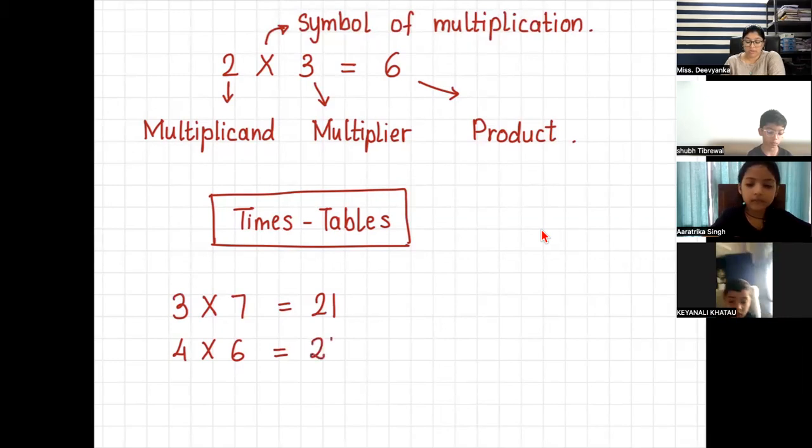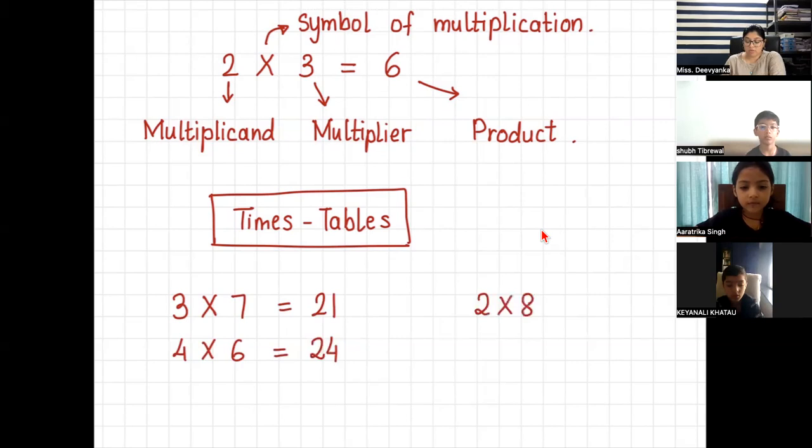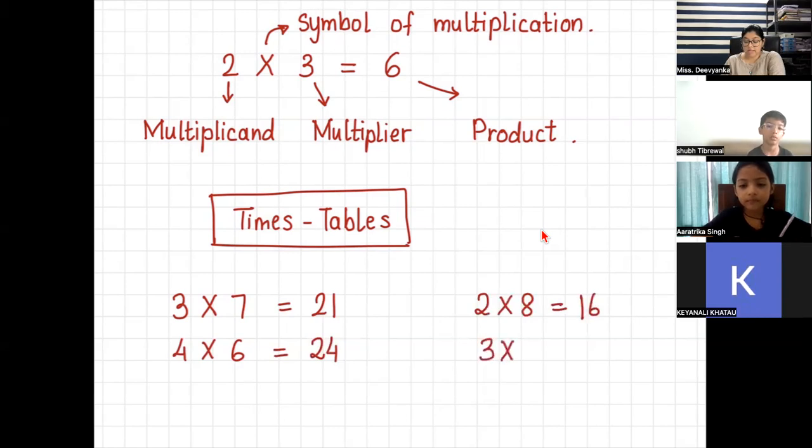The answer is 24. 2 into 8. What is 2 times 8? 16. What is 3 times 9? 27.